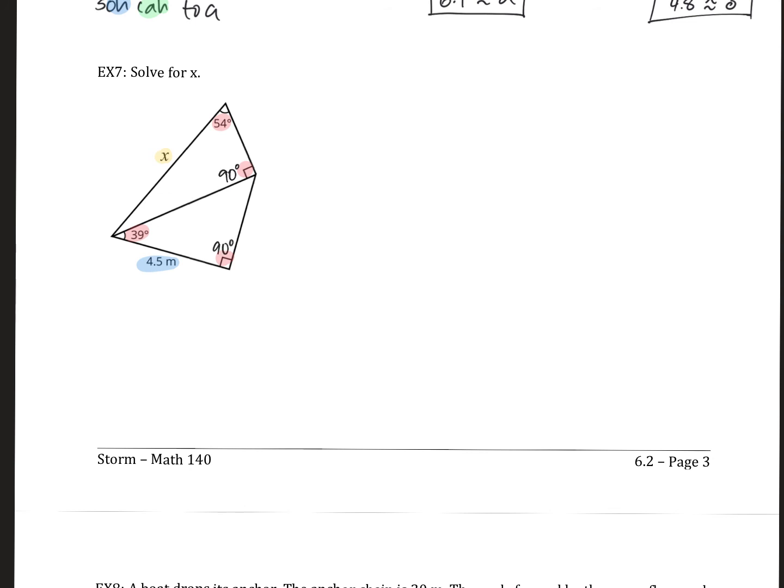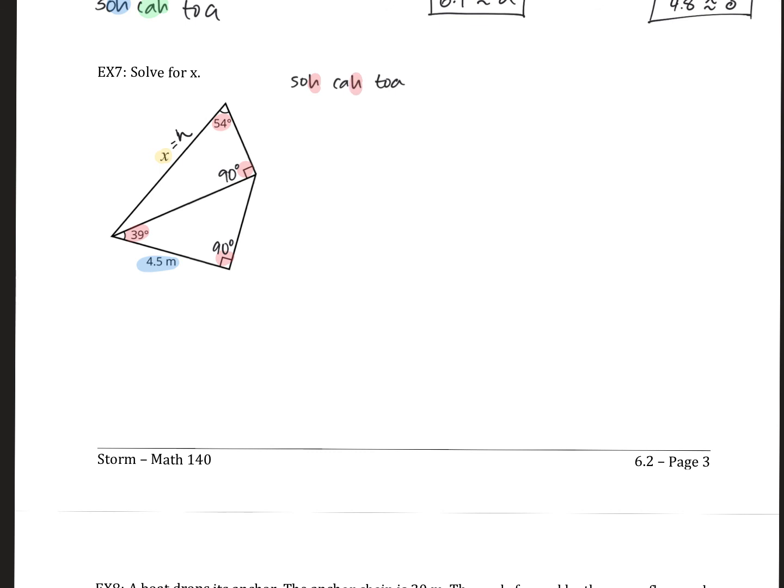Let's see, to find x, x is a hypotenuse. So, what are ways to find the hypotenuse? Well, if you'll remember SOH-CAH-TOA, both sine and cosine can be used to find the hypotenuse because they both have H in them. So, let's see.